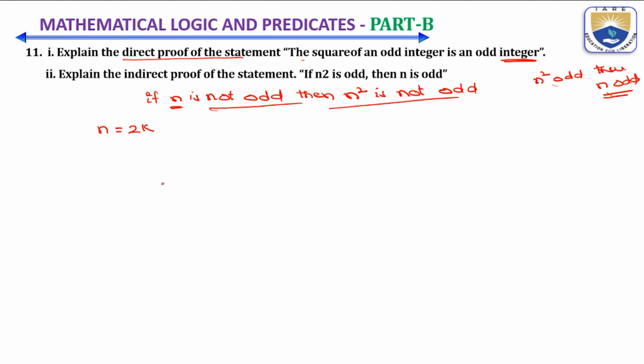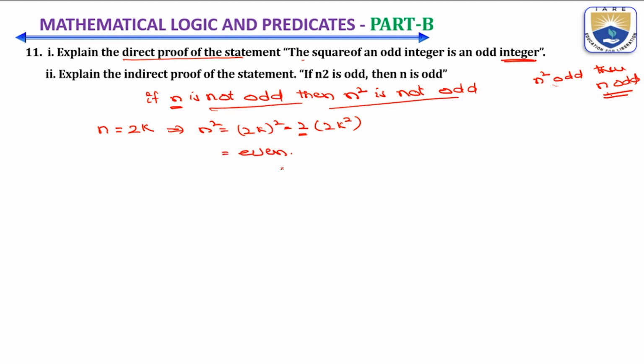Then n square is equal to 2k whole square, which is nothing but 4k square. That can be written as 2 into 2k square. So we are multiplying with 2, so obviously it is even.